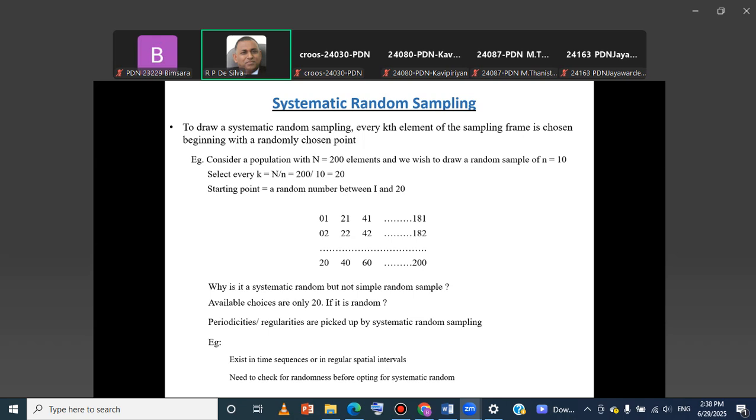So when you have a sample, you introduce an error which is called sampling error.